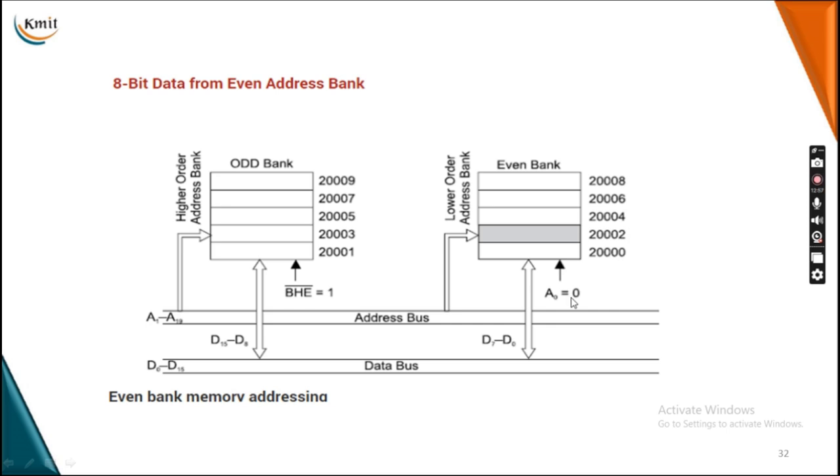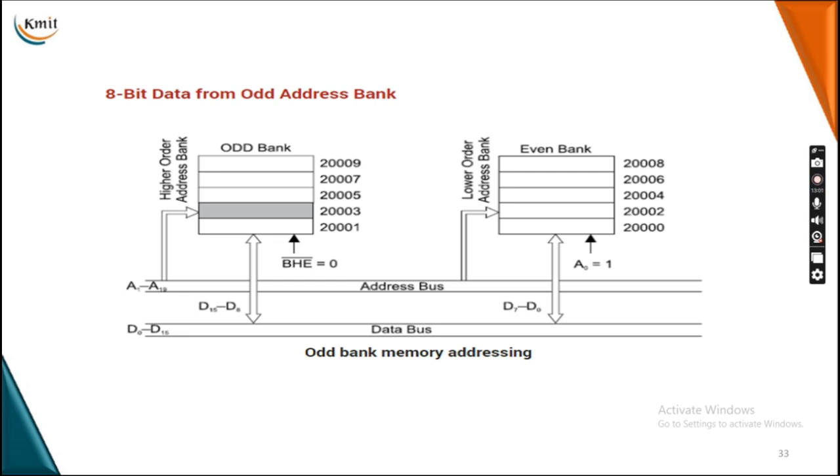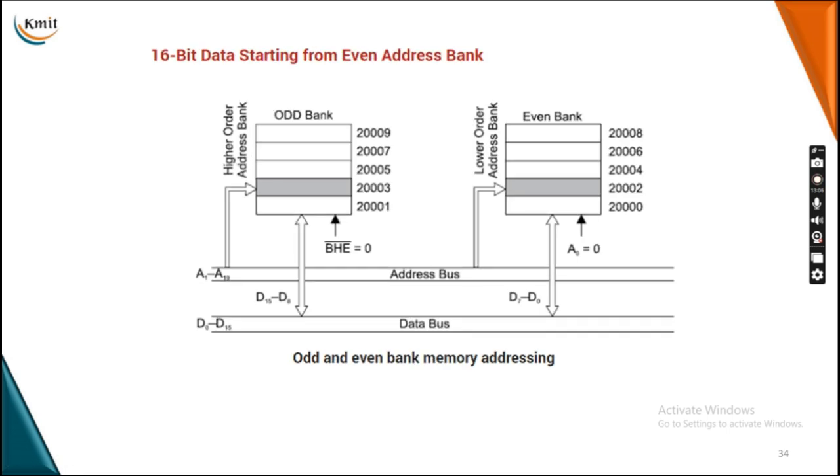If A0 is 1 and BHE bar is 0, then odd bank byte transfer. If both are 0, then in both the even bank as well as the odd bank, the bytes will be transferred. If both are 1, then no bank is active, no transfer will be going on in the memory locations.